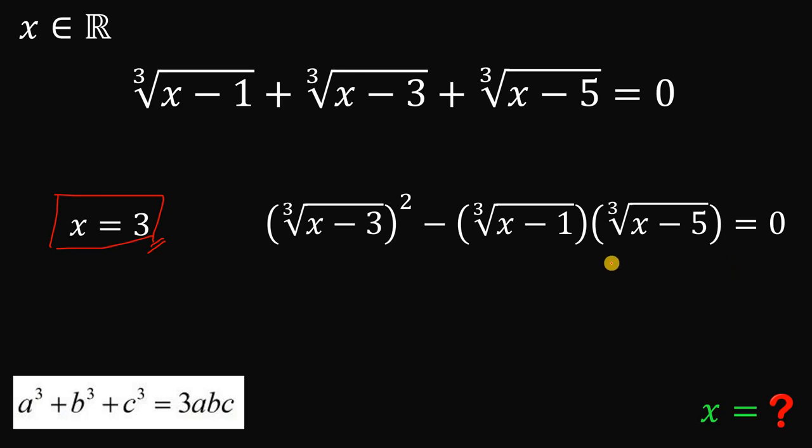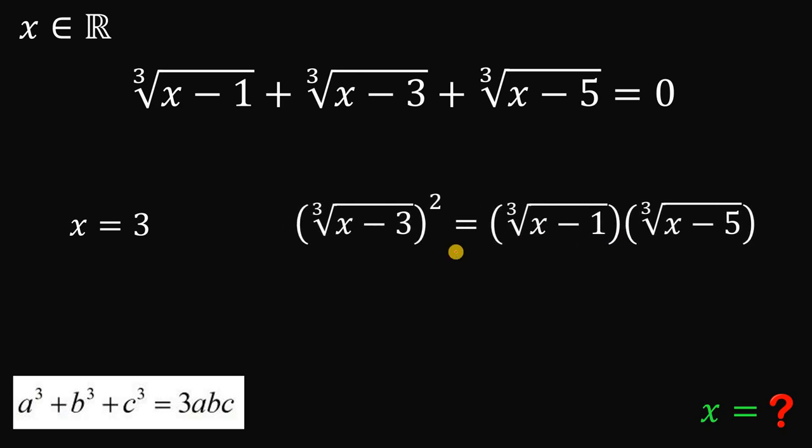Now how about the second case? Let's add cube root of x minus 1 times cube root of x minus 5 on both sides. So this will give us this equation. Now take note that the left hand side of our equation can be written as cube root of x minus 3 raised to the power of 2.